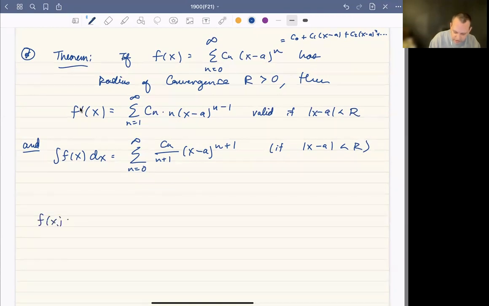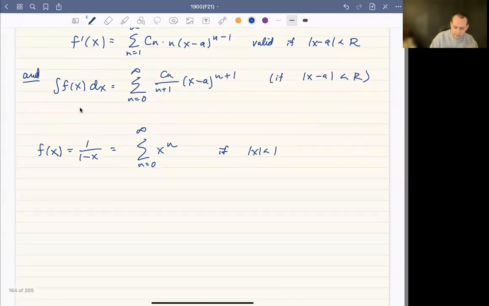if we had the function, just start with 1 over 1 minus x as our geometric series. This is x to the n, as n goes from 0 to infinity. And that's old news. This is if the absolute value of x is less than 1, of course. However, if we differentiate, think about how would we differentiate 1 over 1 minus x squared?